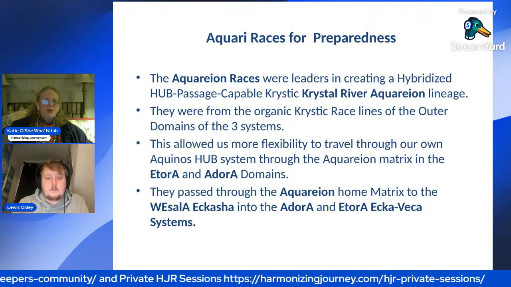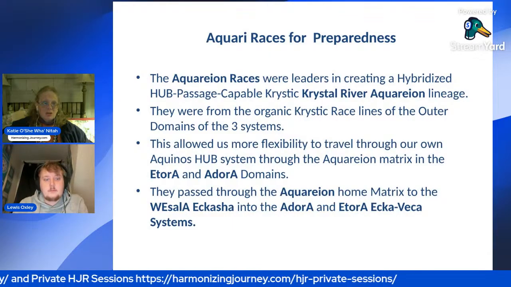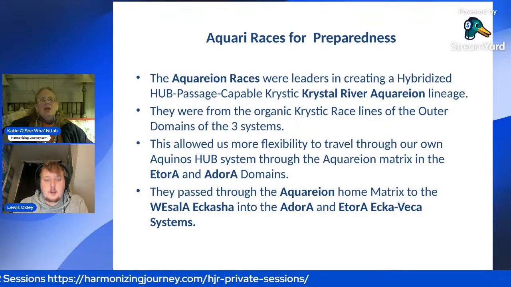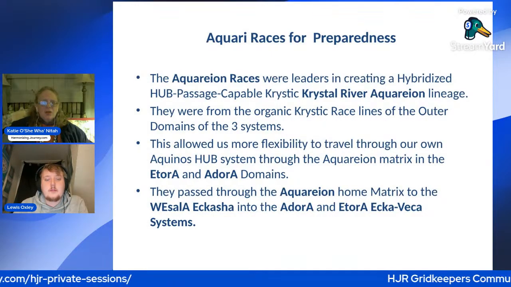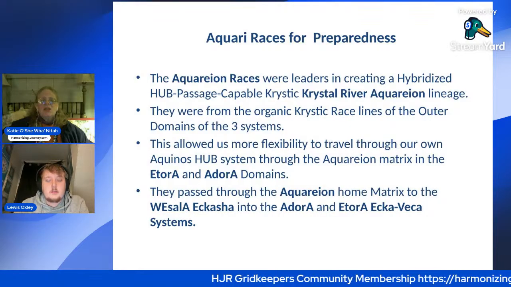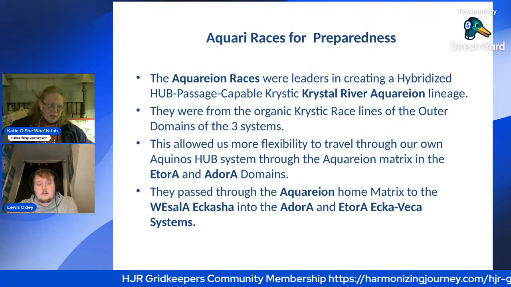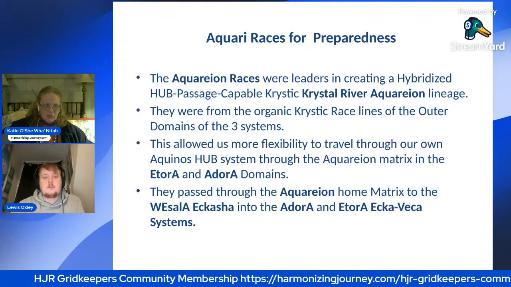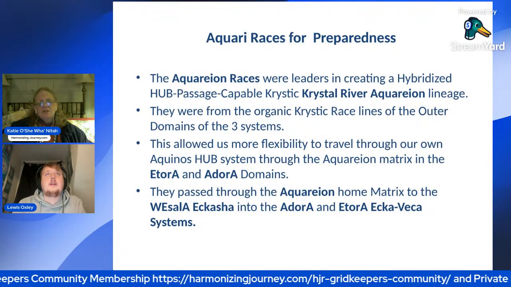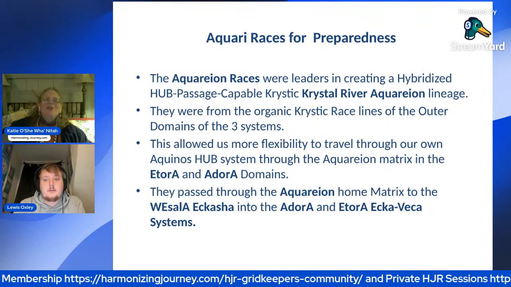So, in other words, our Akasha is called an Aquinas hub system through the Aquarian matrix. There's something unique about the Aquarian matrix that they were able to do this for us. And again, we're working in the Ettore and Adore domains of the outer Radon system. I wanted to call it belt, but system.